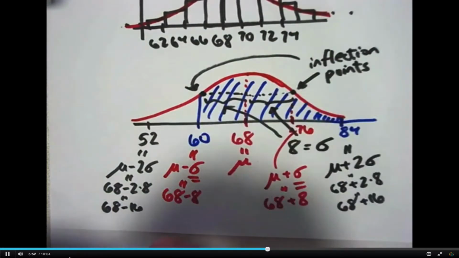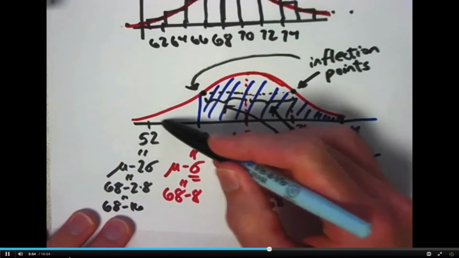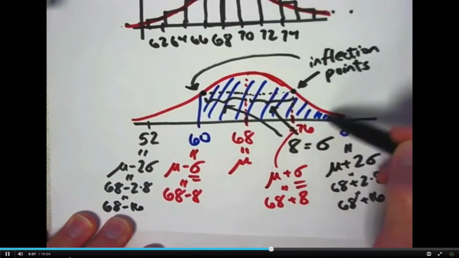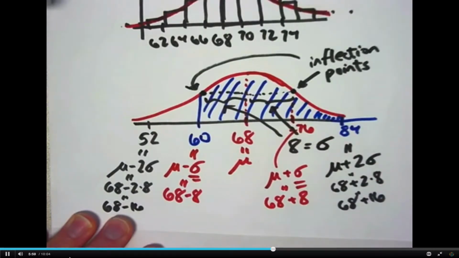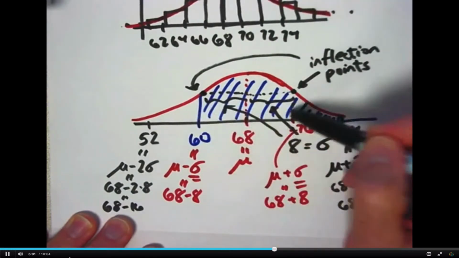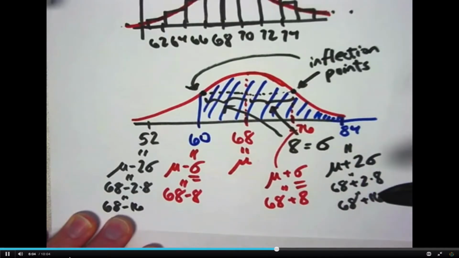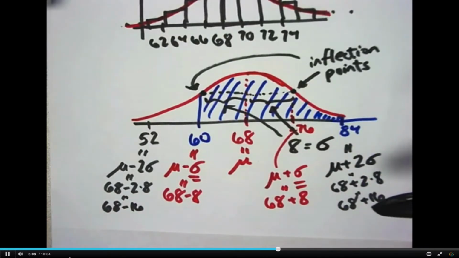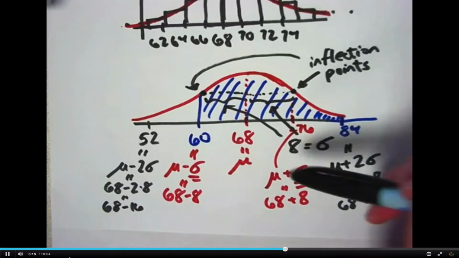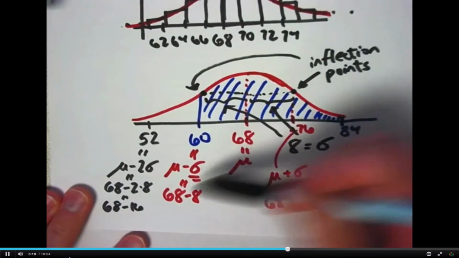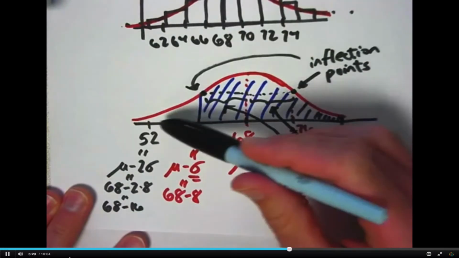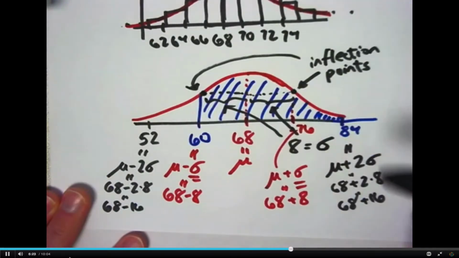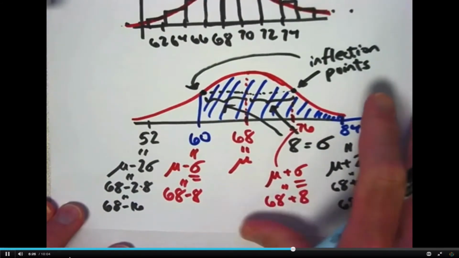The area under this curve between 52 and 84, which I'm pretending to shade there, is about 0.95, about 95% of the total area of 1, and that means that about 95% of the data are within 2 standard deviations of the mean. About 95% of all adult males, if my numbers are right, the 68 and the 8, are between 52 beats per minute and 84 beats per minute for their resting heart rate.